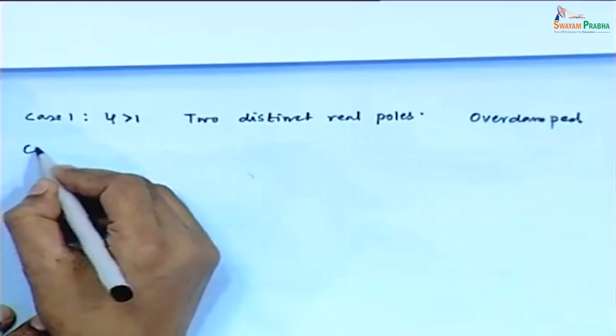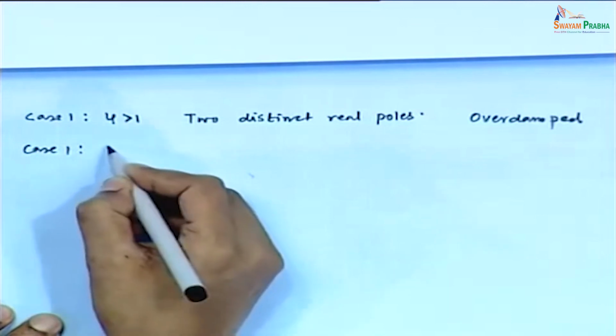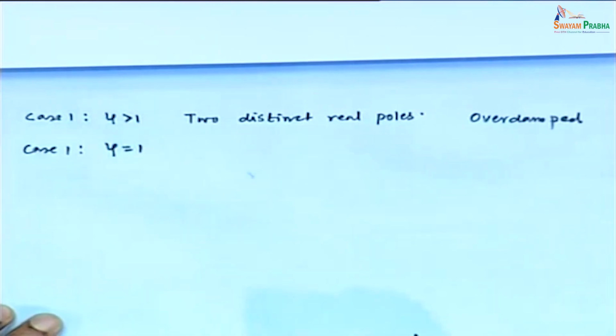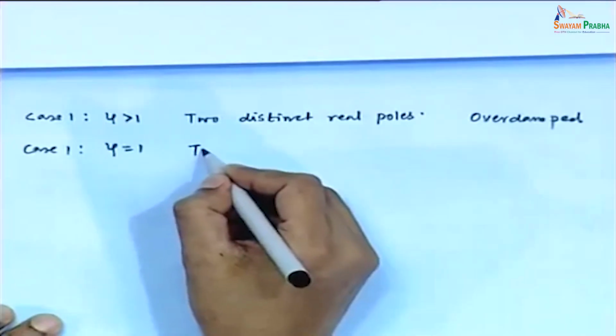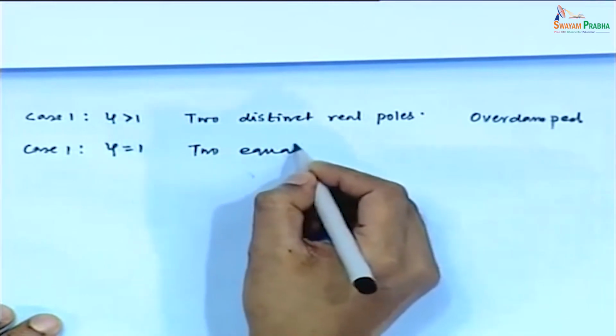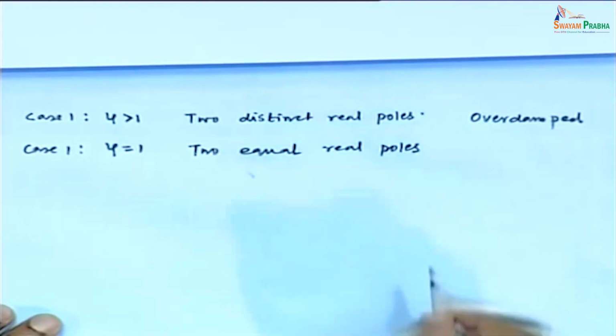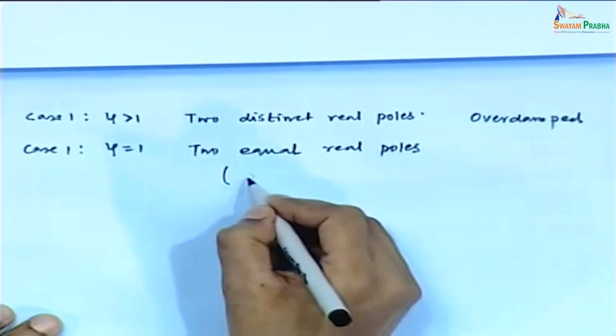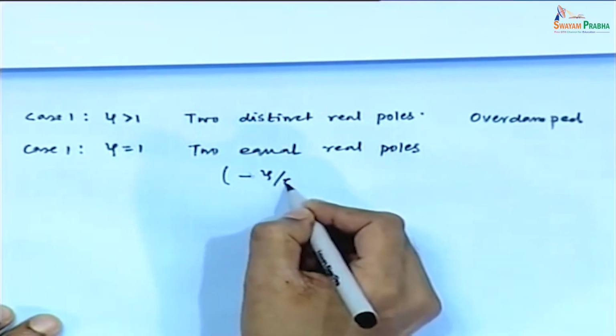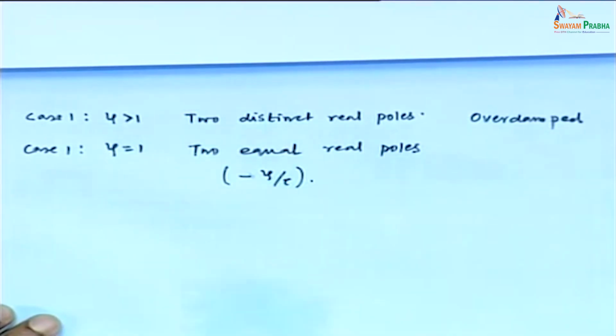In the next case, we will consider zeta equals 1. So, what about the poles? Two equal real poles. I mean, you can say one pole. It means one real pole, and that is minus zeta divided by tau.